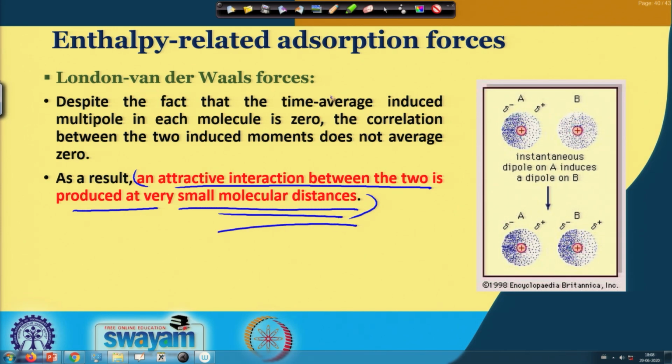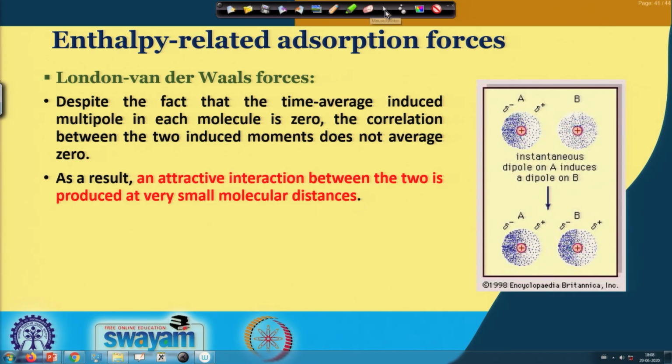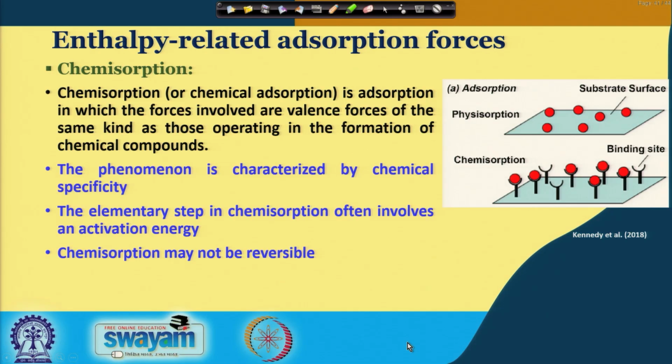So, this van der Waals force basically occurs at very small molecular distance due to this induced dipole between the two polar molecules. This is one of the important examples of enthalpy related adsorptive force, which plays a very important role in the adsorption or retention of pollutants onto the soil solid surface.